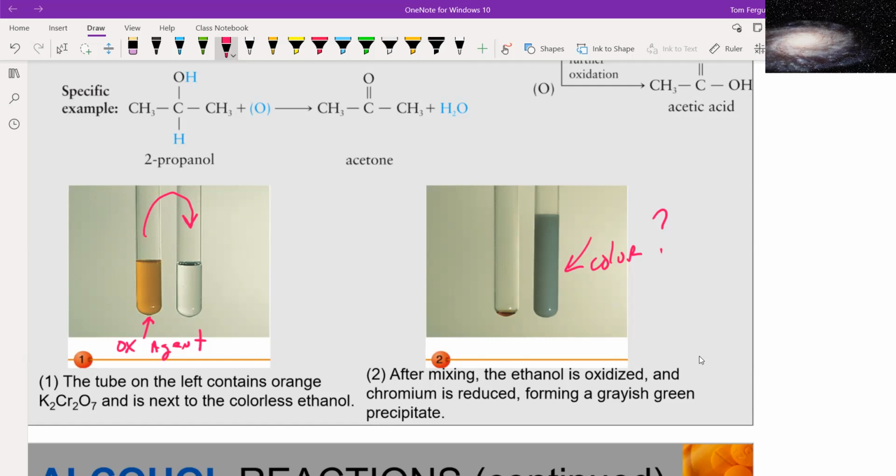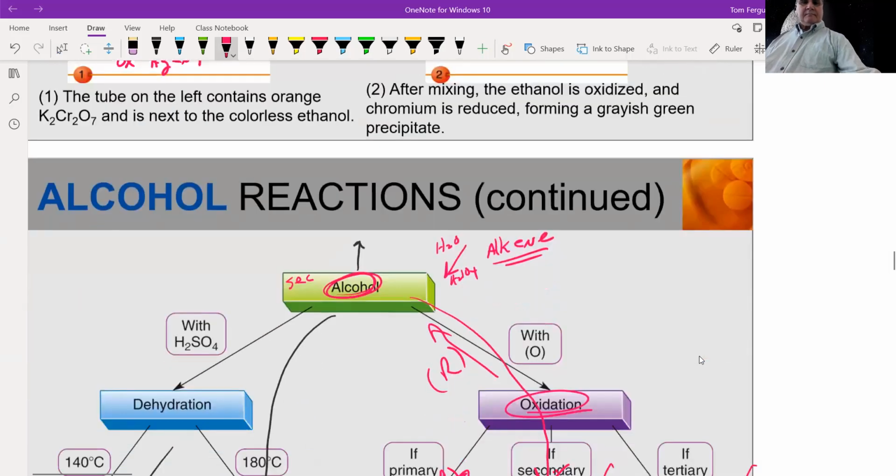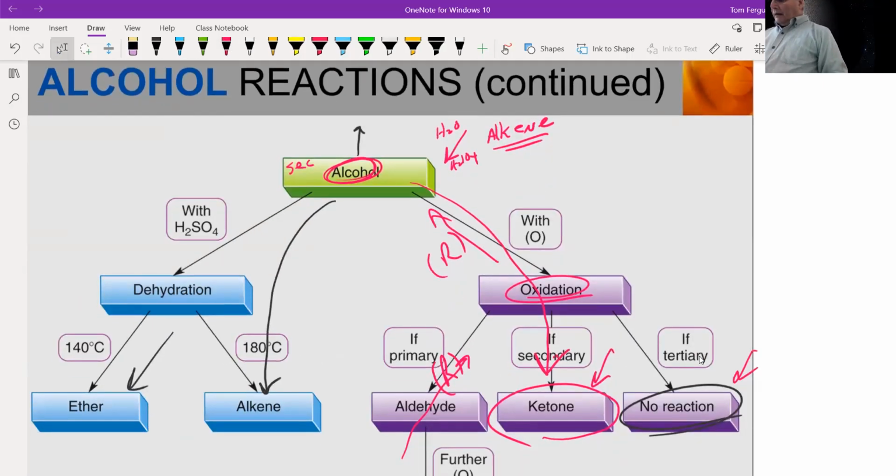So it goes from that orange over to this, I don't know, blue-gray or whatever. So the oxidizing agent did have a reaction. So that means it was a positive test for either a primary or secondary alcohol. And you don't know which, you just do know that it's been oxidized.